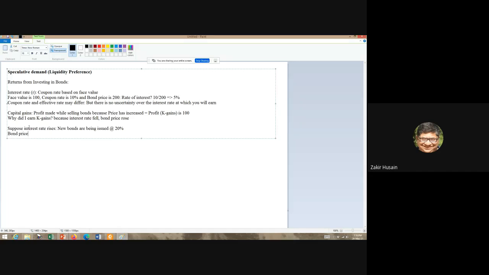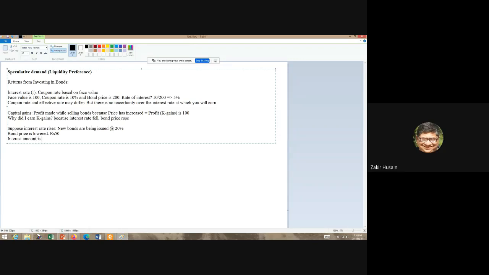Suppose I lower the bond price. I lower it to rupees 50, right? So suppose you buy the bond from me. If you're buying the bond from me, remember how much interest are you getting? The interest amount is coupon rate times face value.